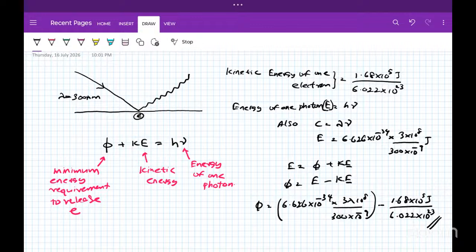Second part, what is the maximum wavelength that will cause a photoelectron to be emitted? So the photoelectron means now this electron is called a photoelectron because this electron is released from an electromagnetic wave. They are asking what is the maximum wavelength.